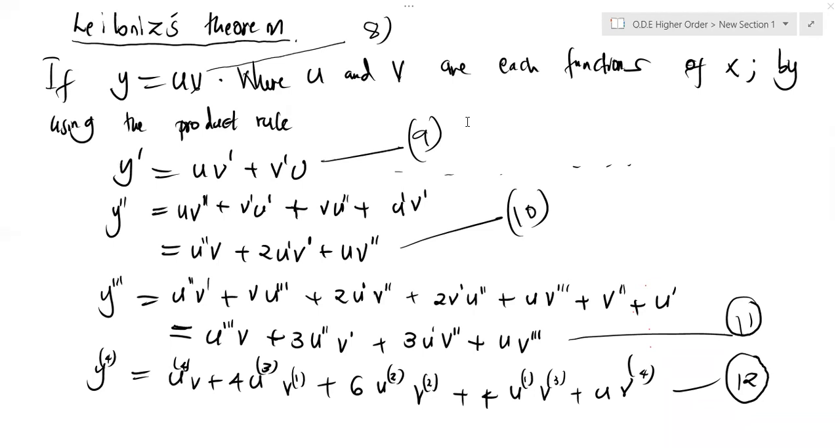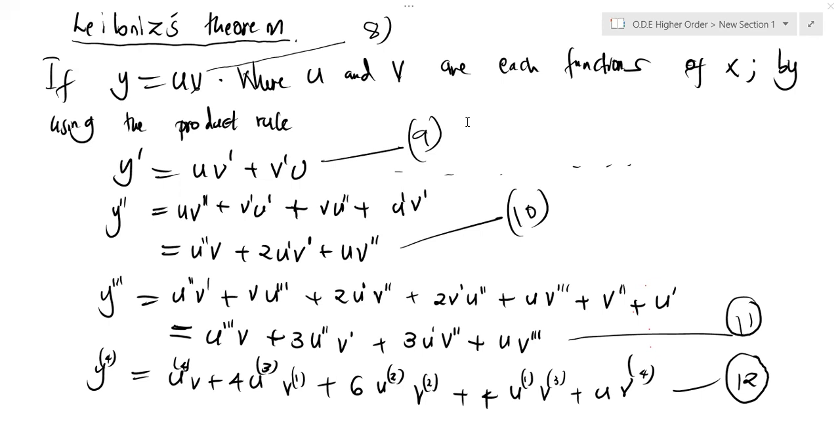The coefficients, like this last one, 1, 4, 6, 4, 1, are clearly the normal binomial coefficients that we already know from the binomial theorem.